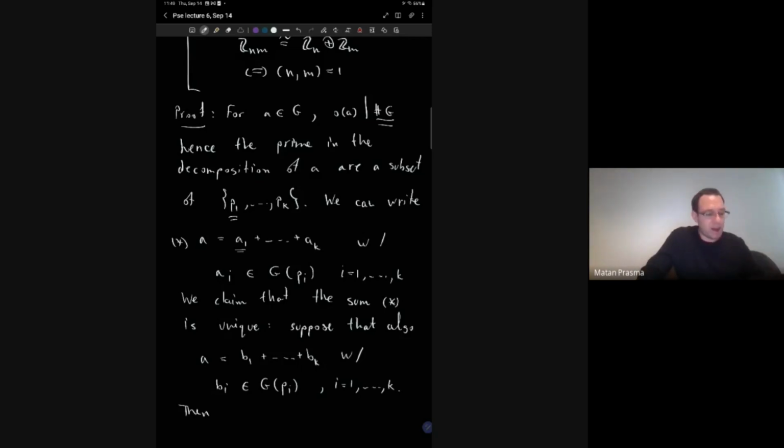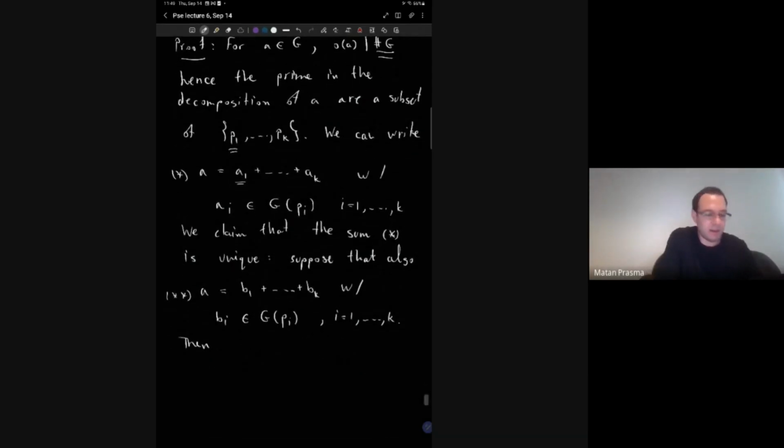Then I take these two equations, star and double star, and I conclude that a1 minus b1 is equal to b2 minus a2 plus up to bk minus ak.